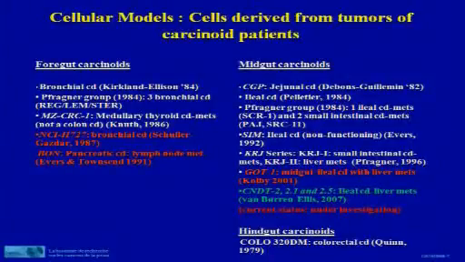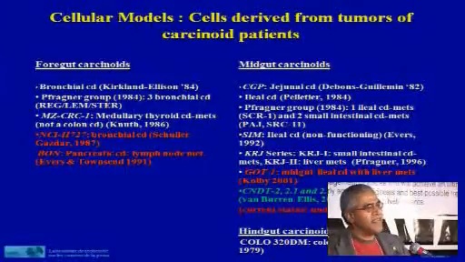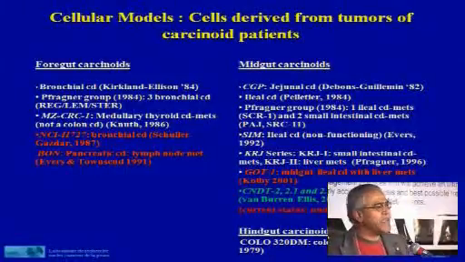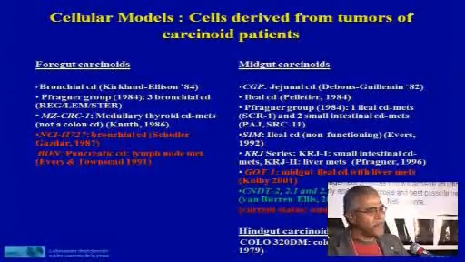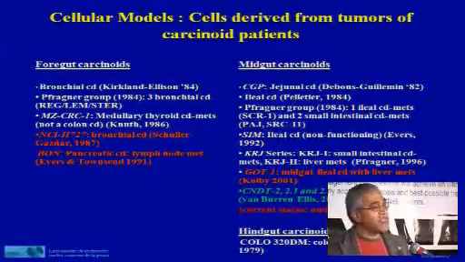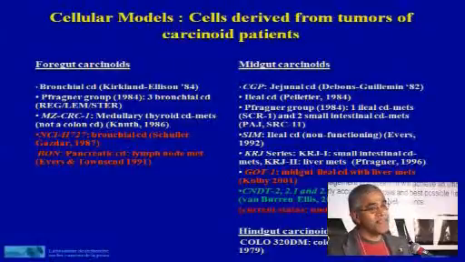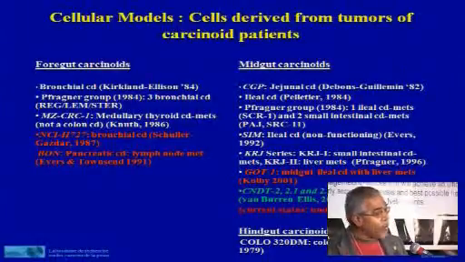Essentially, for the last 35 or 40 years, people have been trying to pick these tumors from patients, suspend them in some special media, and try to isolate a cell. The general idea is simple, that if you get a cell that is isolated from a tumor, then we can work with these cells and tell what can work or not work with these cells, what treatment will work, what is wrong with this cell.